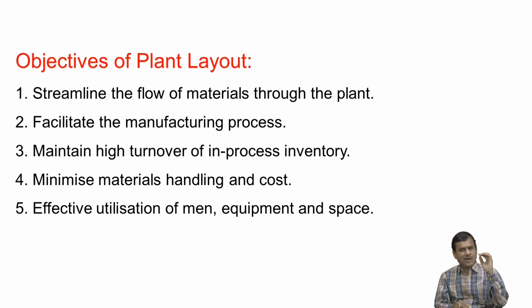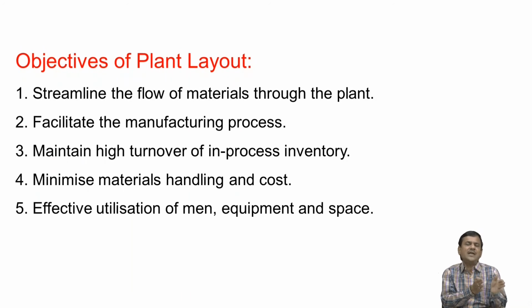So, plant layout helps in streamlining the flow of materials. It facilitates the manufacturing process. In the manufacturing process, a number of steps are involved, and at every step there should be an appropriate arrangement.